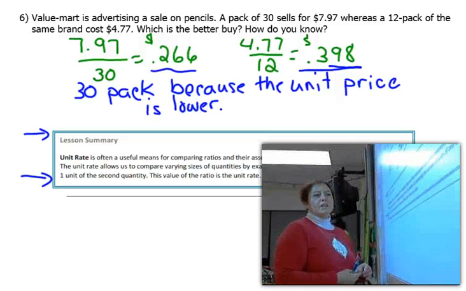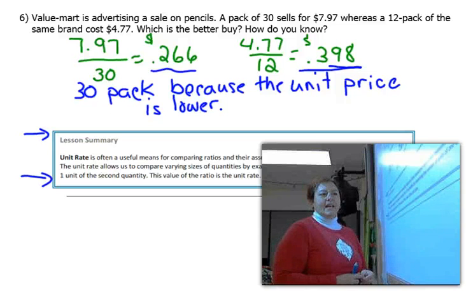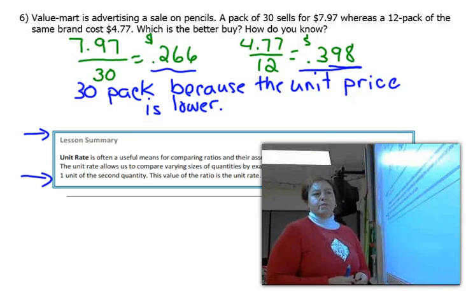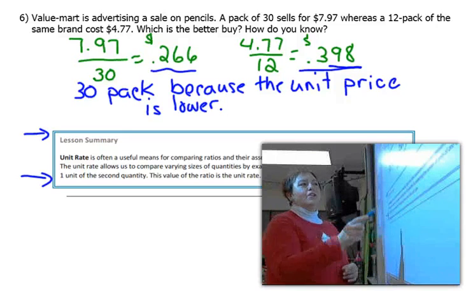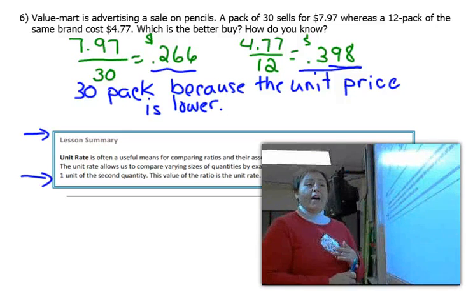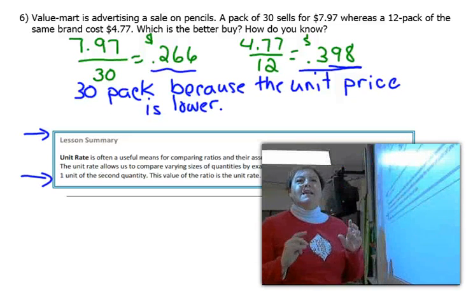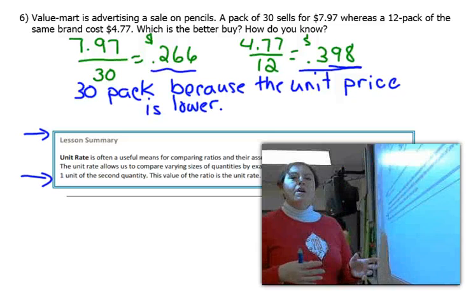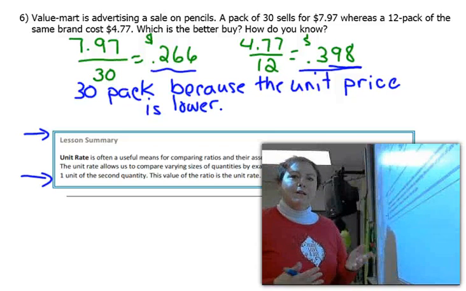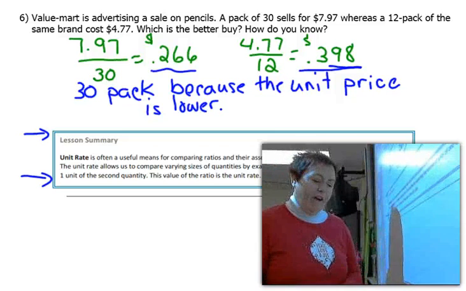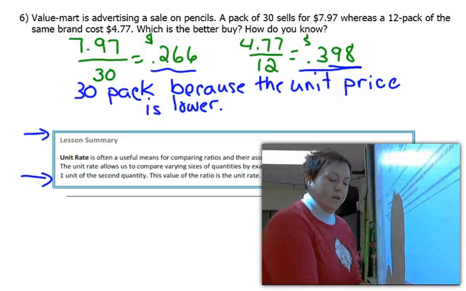The unit rate allows us to compare varying sizes of quantities by examining the number of units of one quantity per 1 unit of the second. This value of the ratio is the unit rate. Very wordy, but basically it's letting us know that it's going to help us to compare them, and we're doing that because now we're turning them into one quantity. It's kind of like getting a common denominator by turning things into a decimal. All right, and we did that when we compared our fractions earlier in other chapters.